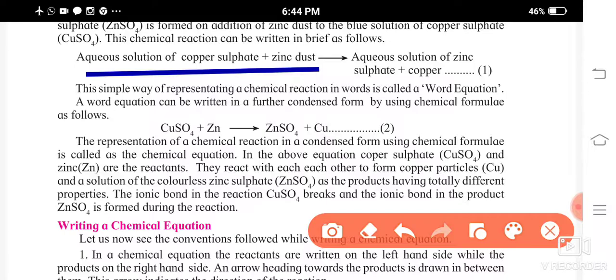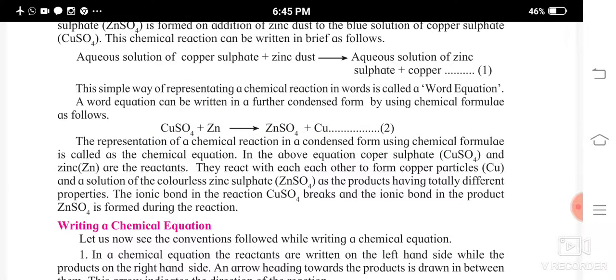A word equation can be written in a further condensed form by using chemical formulae as follows. Aqueous solution of copper sulfate can be written as CuSO4, plus the zinc dust, written as Zn, will form ZnSO4, that is zinc sulfate, plus copper.